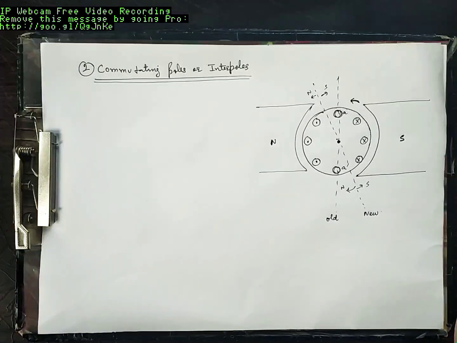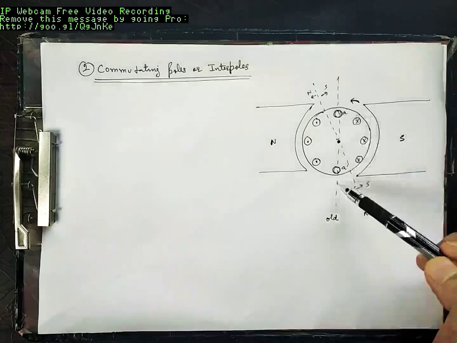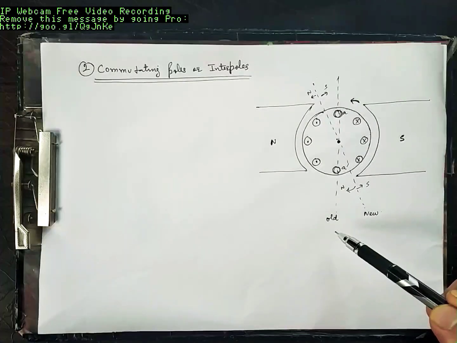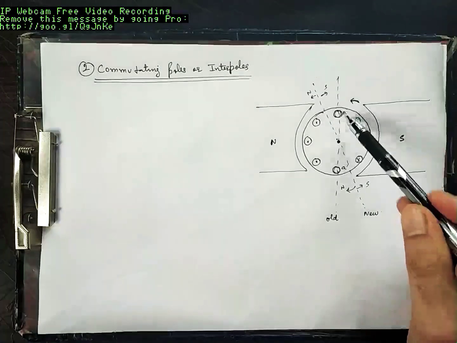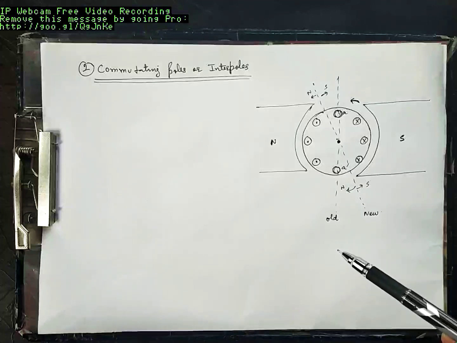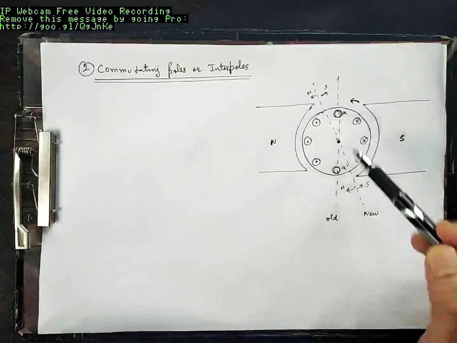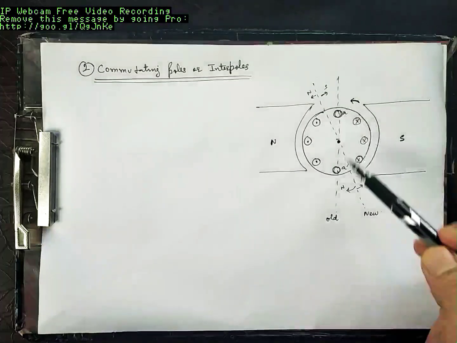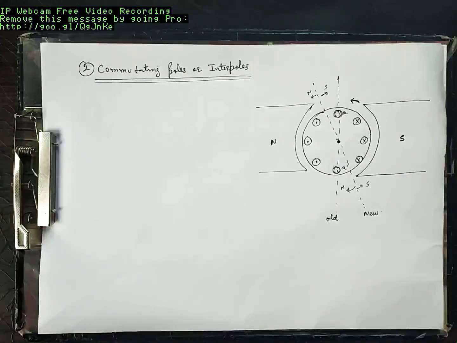But now, because of the armature reaction, when conductors A and A prime are lying along this plane, commutator segments connected to A and A prime are being short-circuited by the brushes, but the voltage induced in A and A prime is not 0. There is a finite voltage in A and A prime. So how can we solve this?